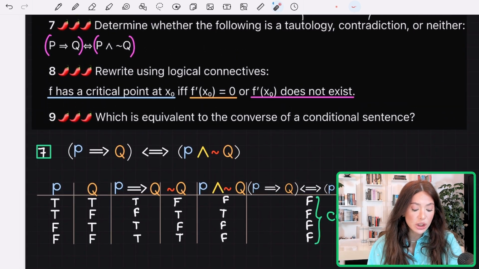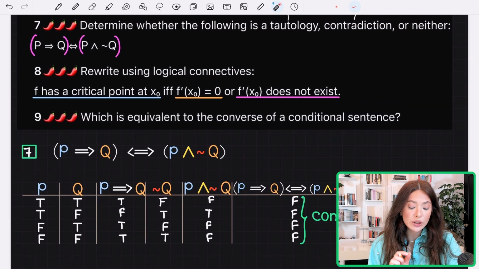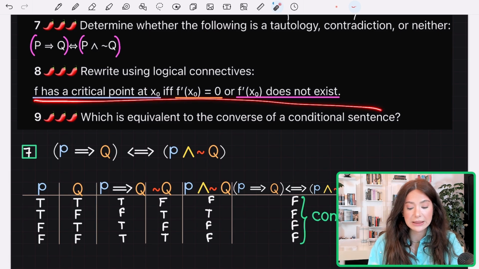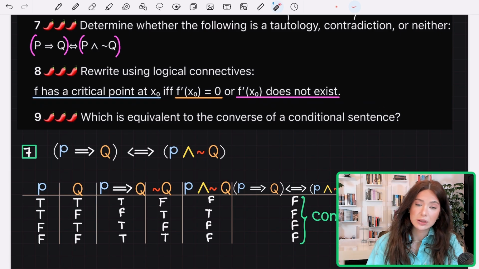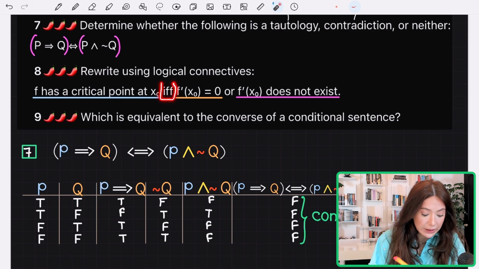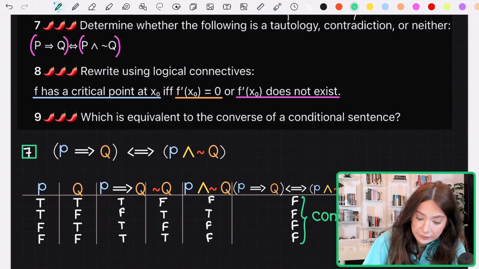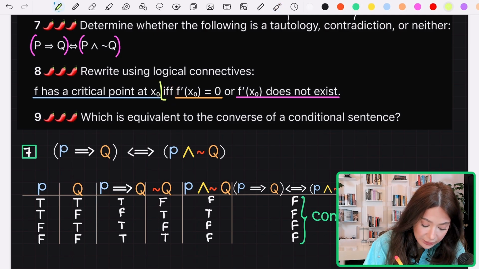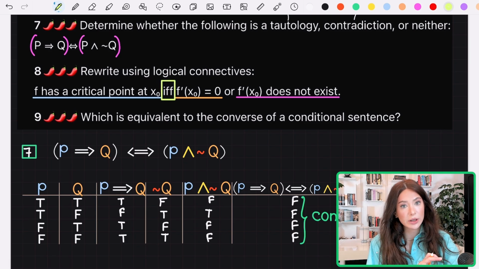All right, now question number 8. Rewrite using logical connectives. So all they have asked you here is to use mathematical symbols to express this sentence, from English to math. First, I see that there's if and only if. So let me highlight that. That's pretty important. So I split this into 2 parts already.